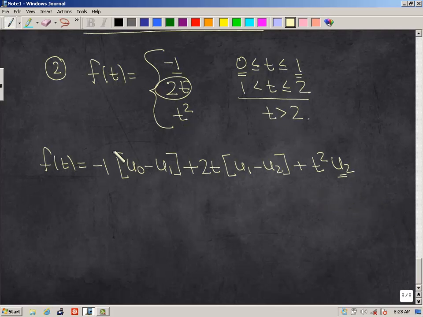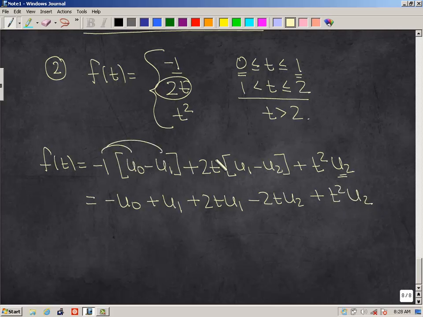Just like before, we can distribute and clean this up, so you get negative u naught plus u1 plus 2t u1 minus 2t u2 plus t squared u2. I'm just distributing these. Let's collect what we can. So you get negative u naught. I have a u1, so I can combine those.